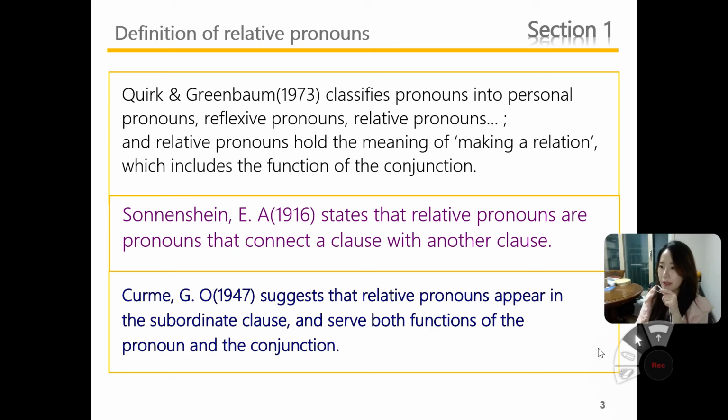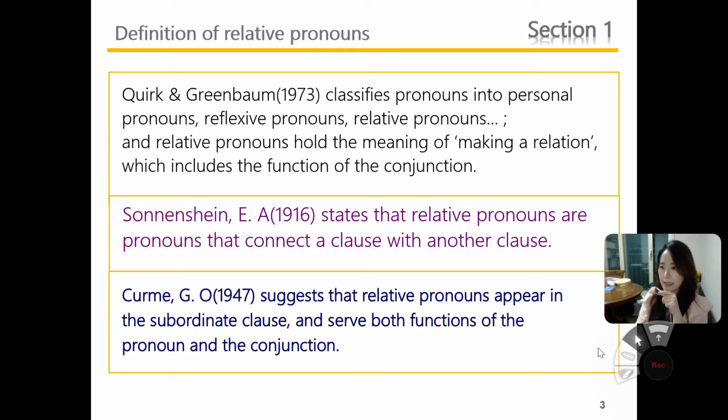And relative pronouns hold the meaning of making a relation, which includes the function of the conjunction. The scholars mentioned commonly define relative pronouns as serving both roles as pronouns and as conjunctions.